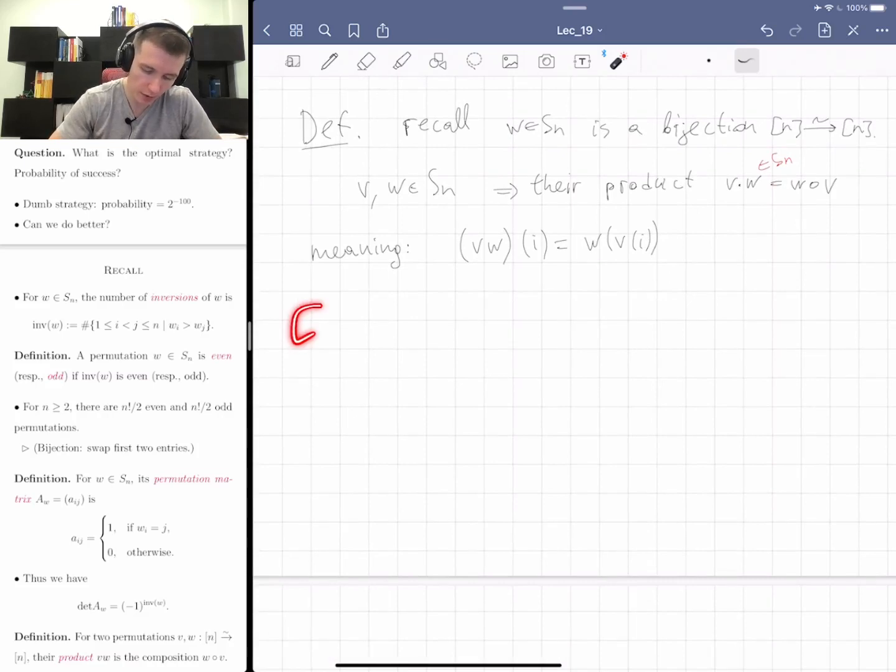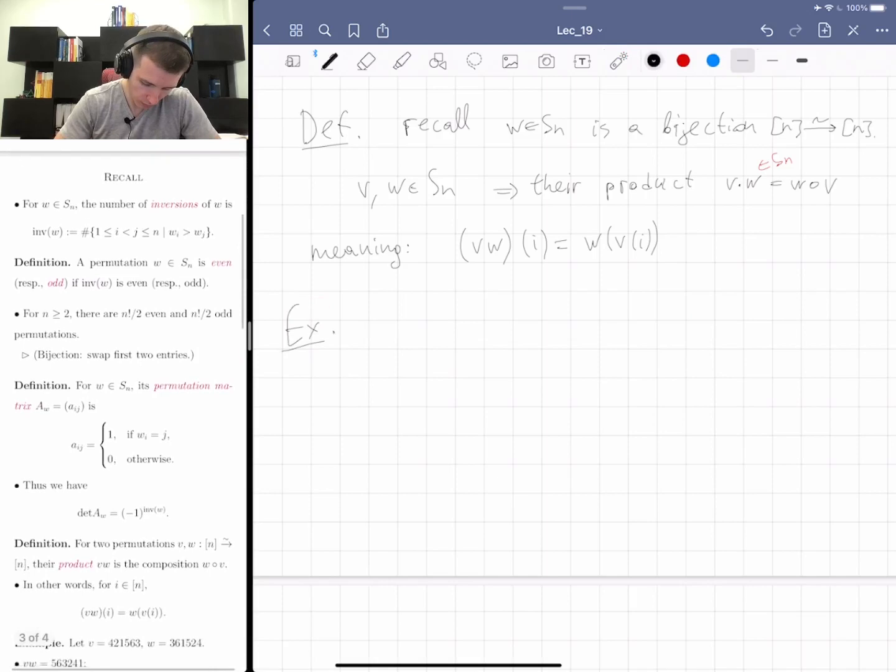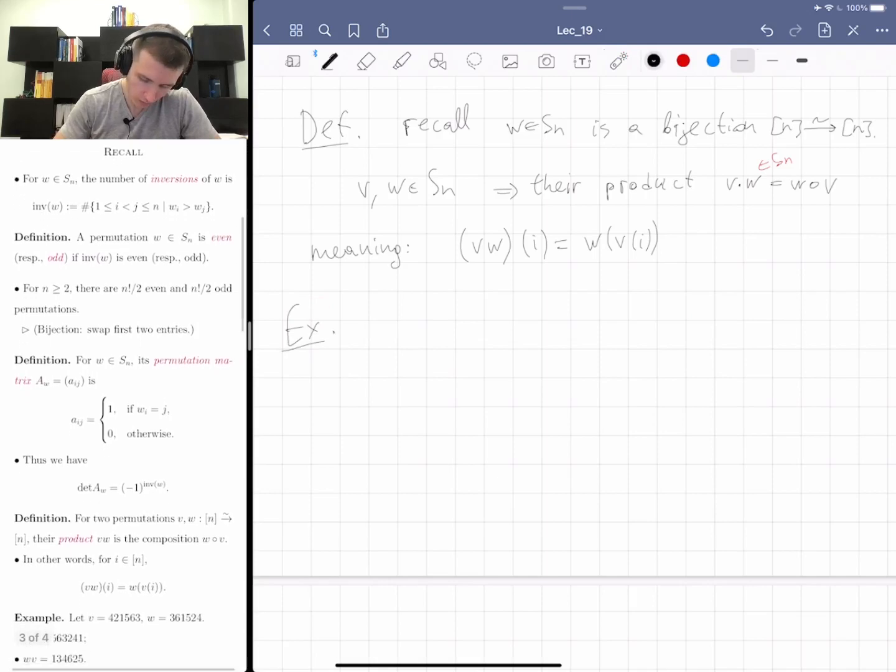Let me give you a specific example. V is equal to 4, 2, 1, 5, 6, 3. W is equal to 3, 6, 1, 5, 2, 4.